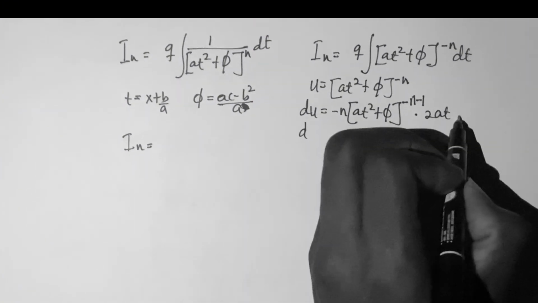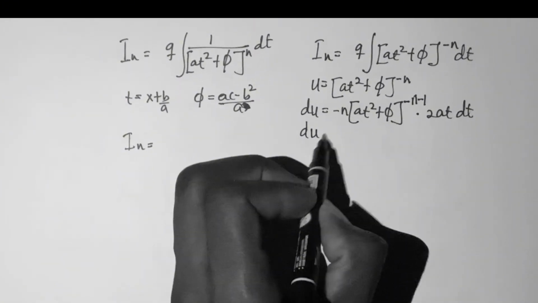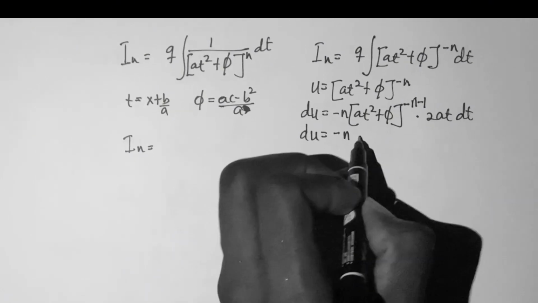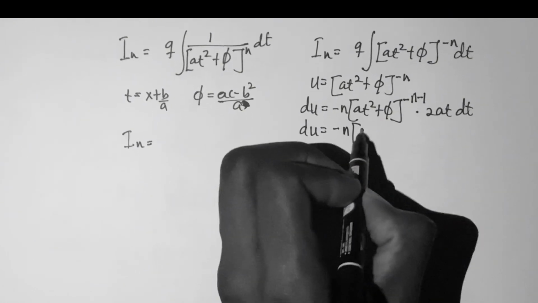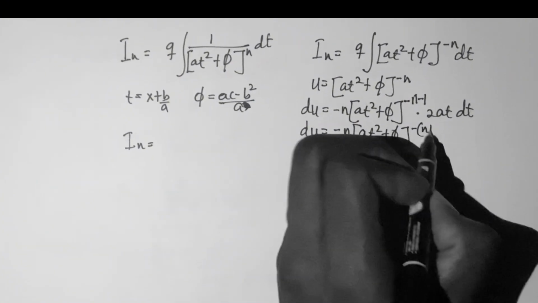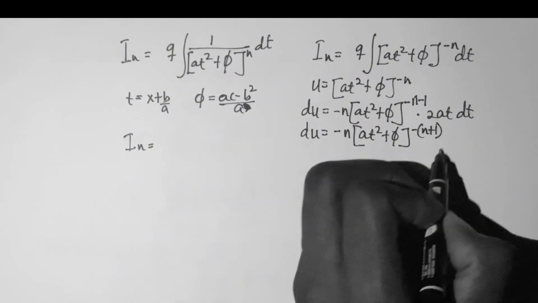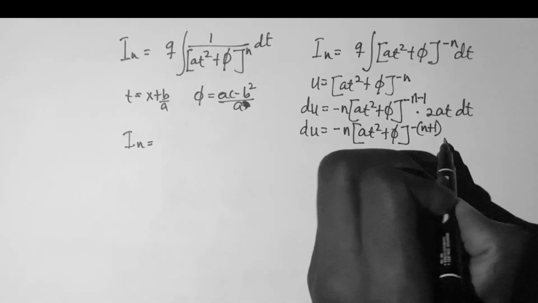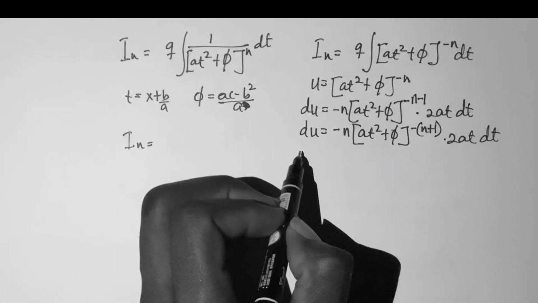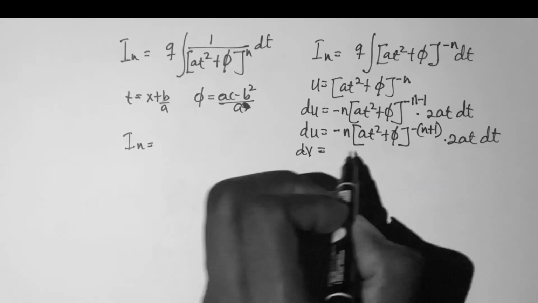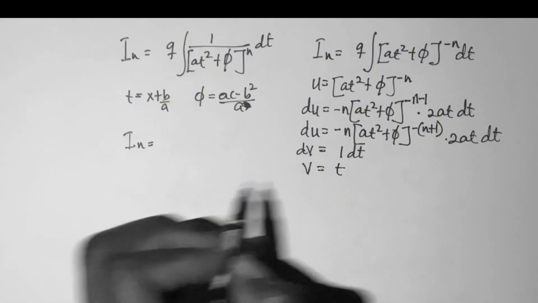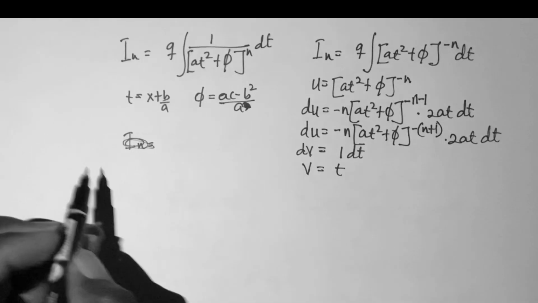So du, sorry, there is a dt here. So du is equal to minus n times (at squared plus phi) exponent minus (n plus 1), then times 2at dt, and then dv is equal to 1 dt, so v is equal to t. We can use integration by parts.